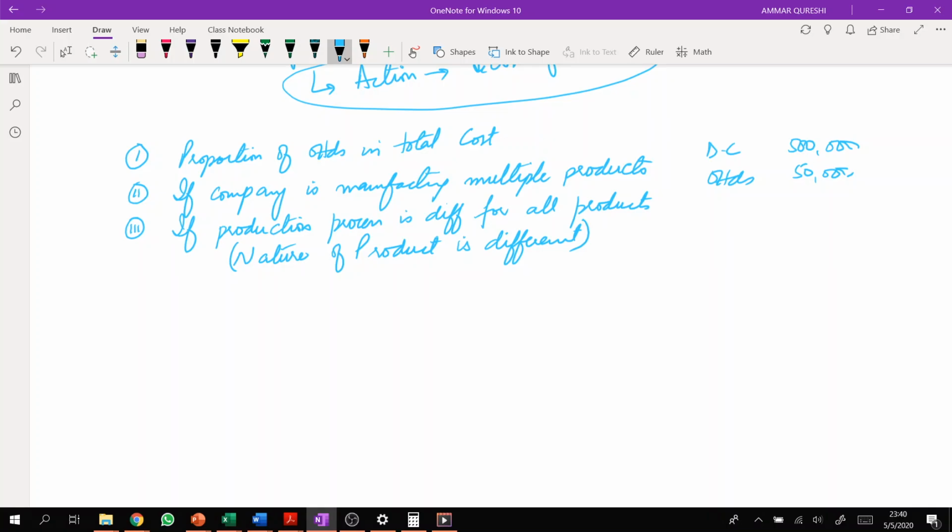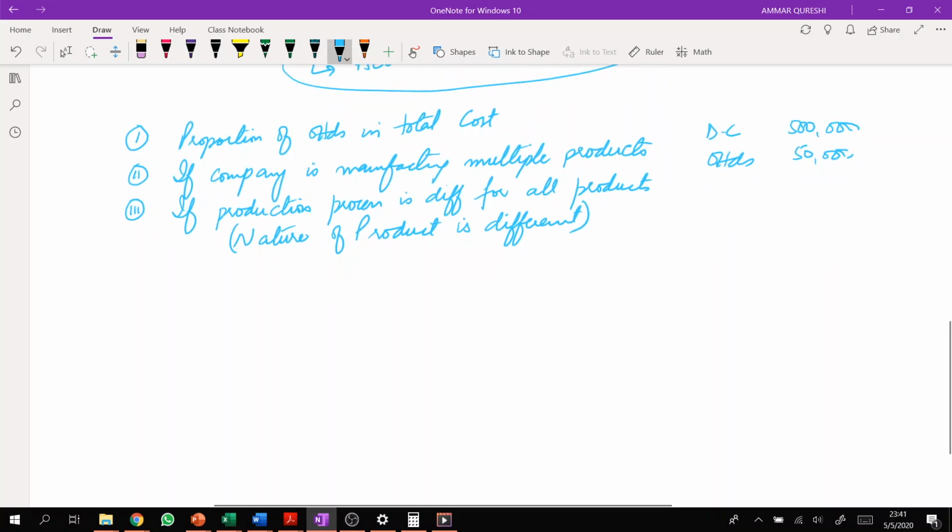See, for example, there is a very high quality product, and that product requires multiple quality control inspections. Let's take an example.